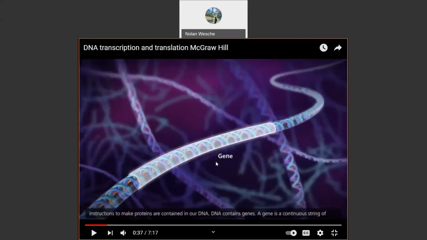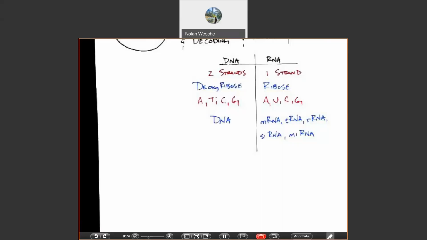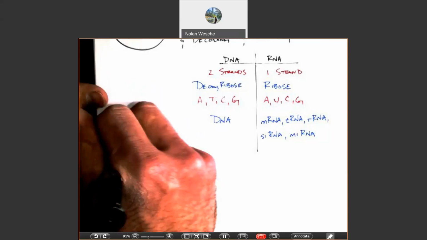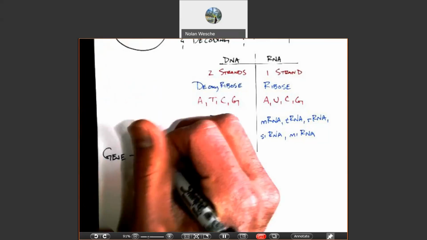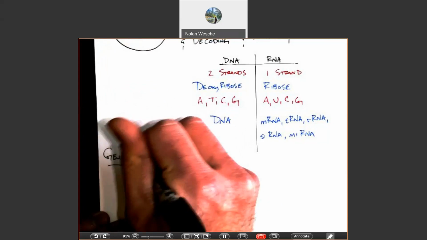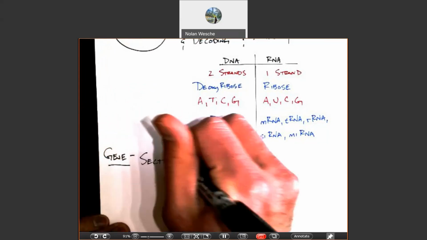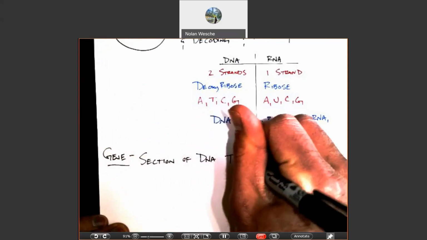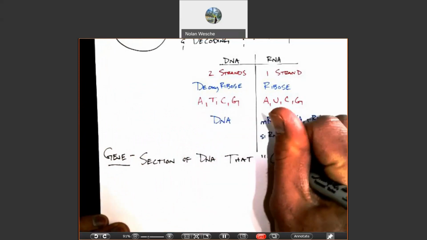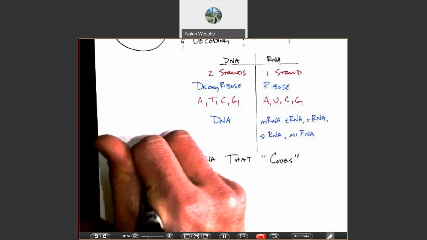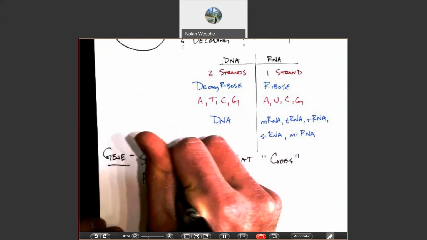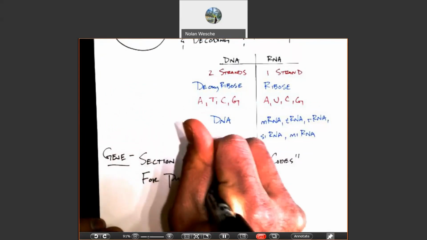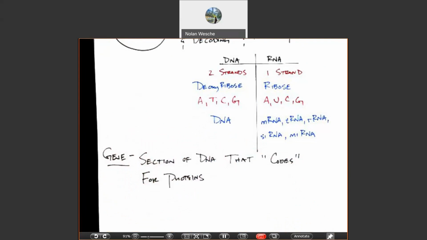It varies. So what we want to do is go ahead and define this. We're going to say gene, G-E-N-E, gene. That's a section of DNA that codes for proteins.